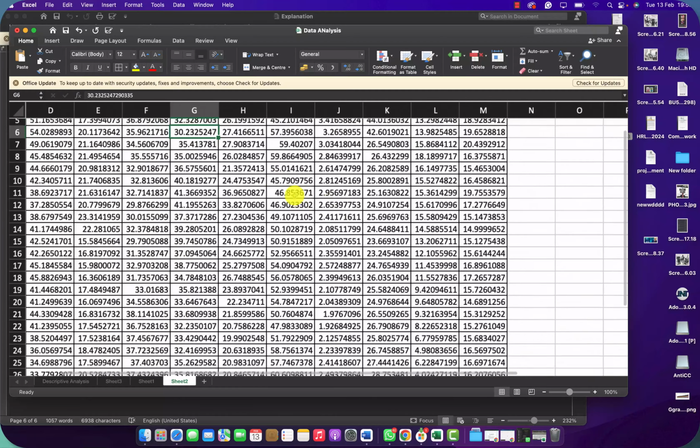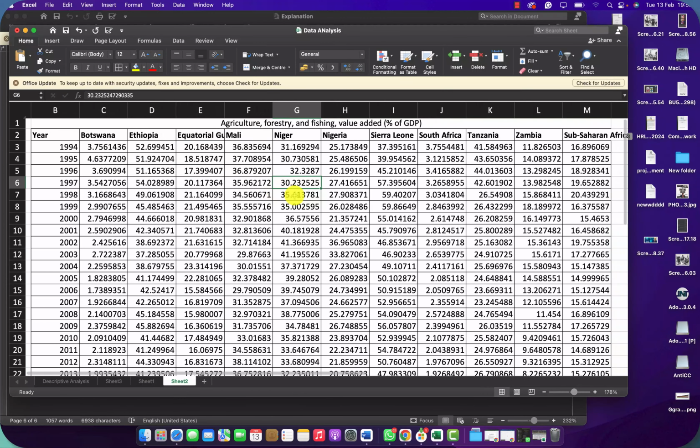What we actually want to do with this is see how this variable correlates across countries. These are countries in sub-Saharan Africa: Botswana, Ethiopia, Equatorial Guinea. So we want to see how the value added from 1994 to 2022 correlates across each of these countries.